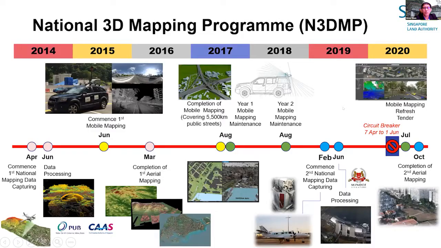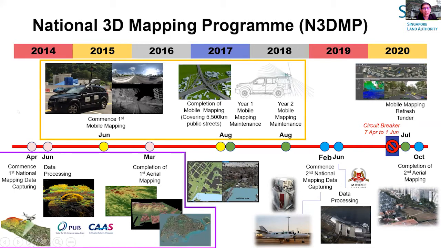So the digital twin program is actually underpinned by the National 3D Mapping Program, which we started in 2014 to extensively capture 3D mapping data. In this case, we are talking about imagery and laser scanning point cloud above ground.